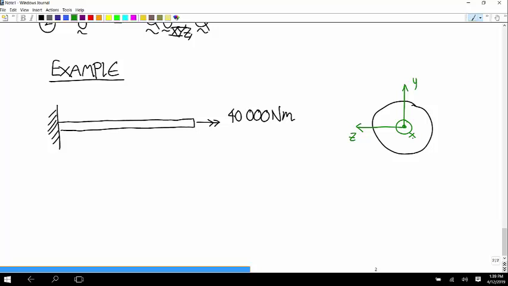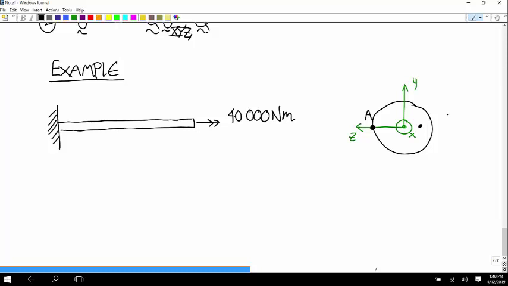And let's say that we want to calculate the stress tensor at a point here, and we want to calculate the stress tensor at a point here. And actually, let's make this one to be halfway out, okay?